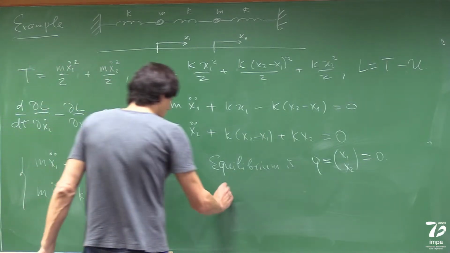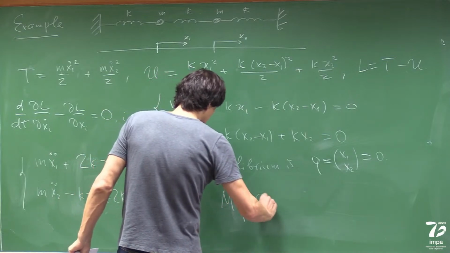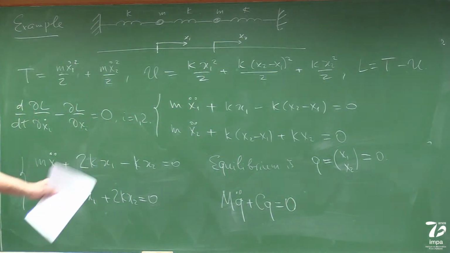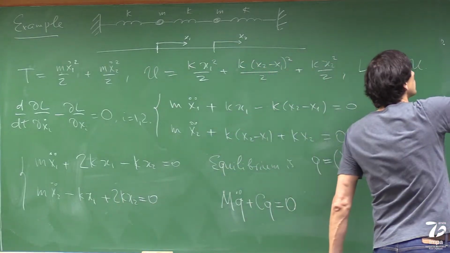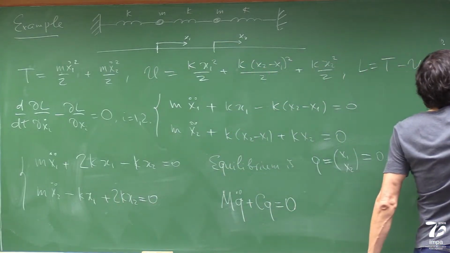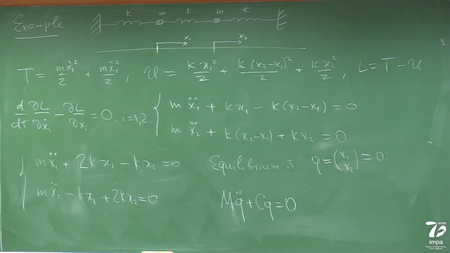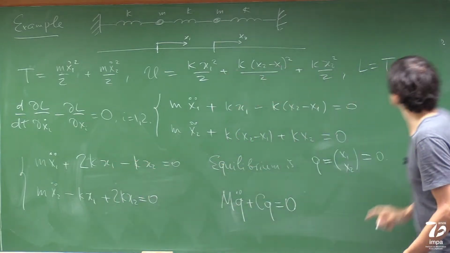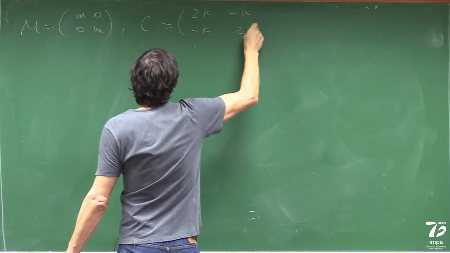So we can write these equations as M q double dot plus C q equals 0, right? Now you can find what the matrices are. The matrix M is M, 0, 0, M. And matrix C, which gives these coefficients, is 2k, minus k, minus k, 2k.